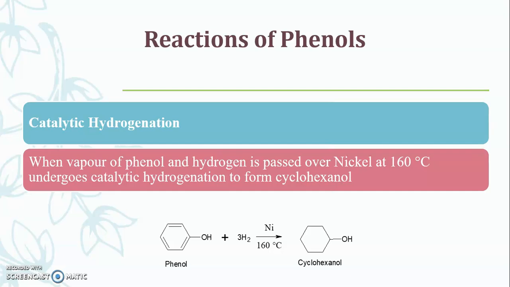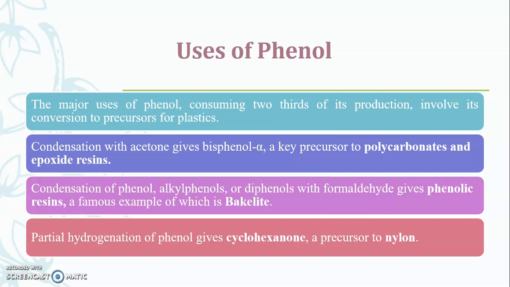Now the next part that we are going to discuss is the uses of phenol. The major use of phenol is that 2/3 of its production involves its conversion to different precursors that are used for the synthesis of plastics. In the previous reaction I told you that phenol is converted into cyclohexanol.